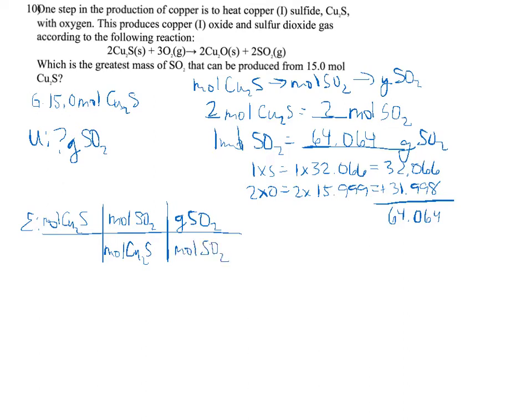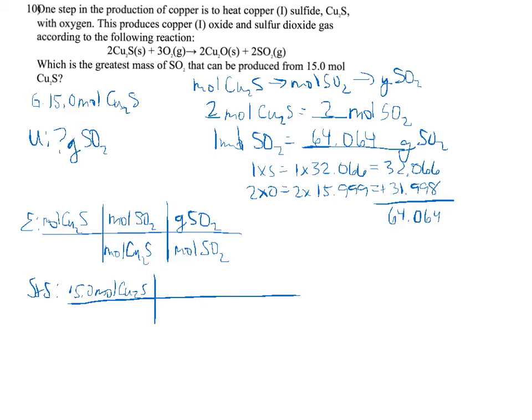The other way to think about this, again, remember, is it's just our equivalent statements. So this mole to mole ratio, and then molar mass here, we've got moles of SO2 and grams of SO2. So at this point, now we can just stick our numbers in, in our substitute and solve stage. So we were given 15.0 moles of Cu2S.